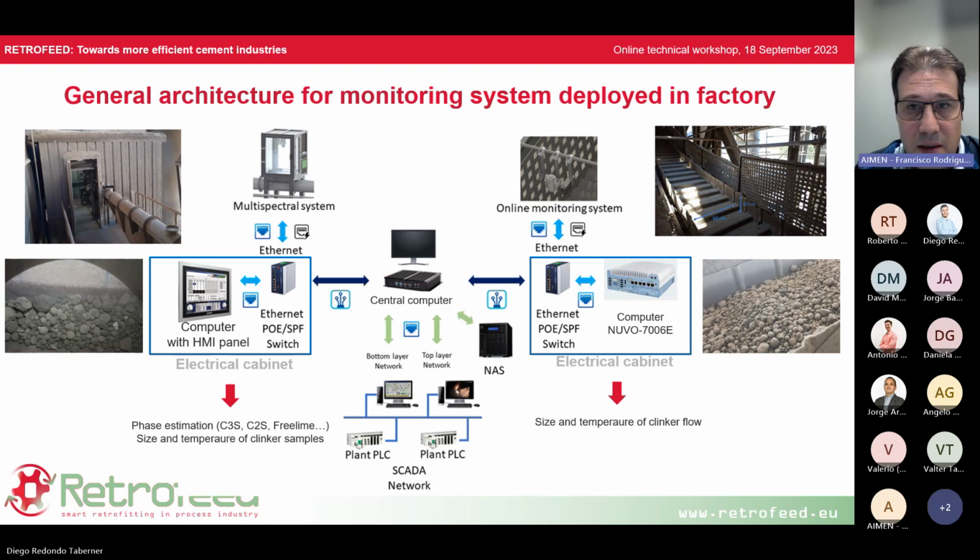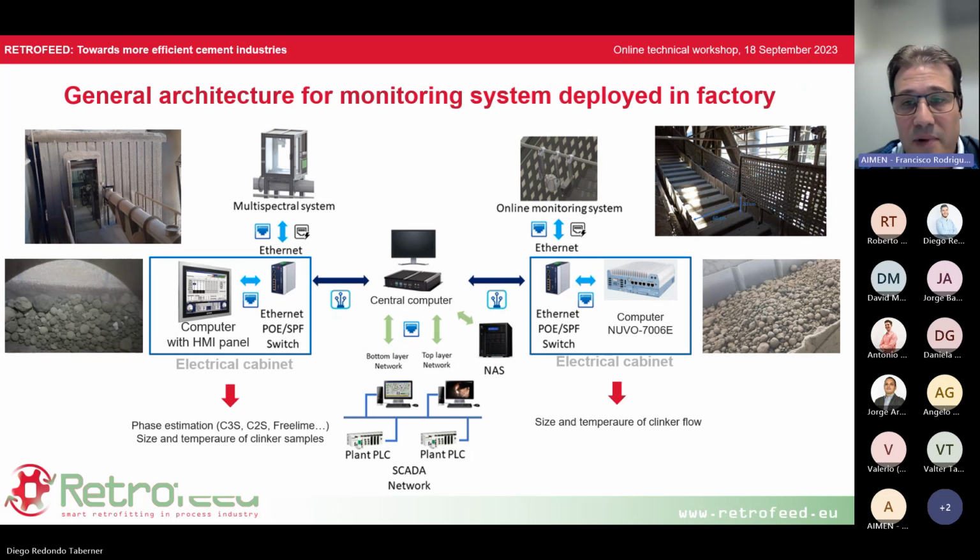As you can see, each of the two systems is composed of two different electrical cabinets with a communication system. Here we have to deal with some long distances, more than 100 meters, for example.